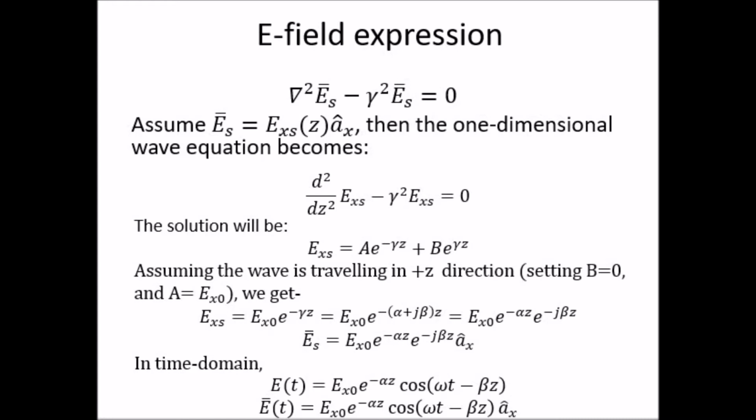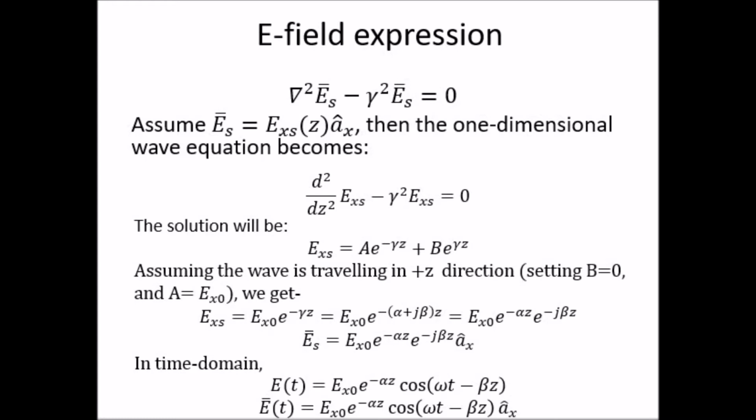Therefore we will get Exs is equal to Ex0 e to the power negative gamma z, and gamma, as you know, is equal to alpha plus j beta. So you can write Ex0 e to the power negative alpha z times e to the power negative j beta z. In vector form, we can write it Ex0 e to the power negative alpha z e to the power negative j beta z in the direction of ax.